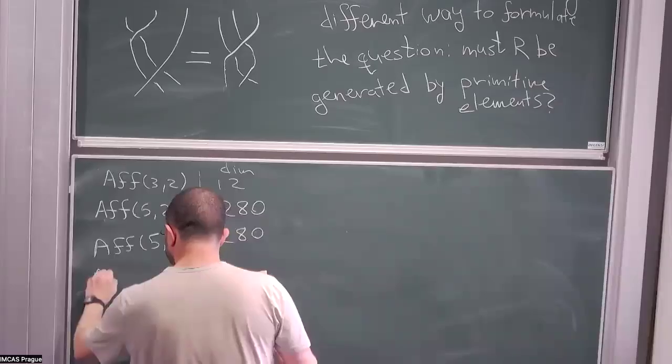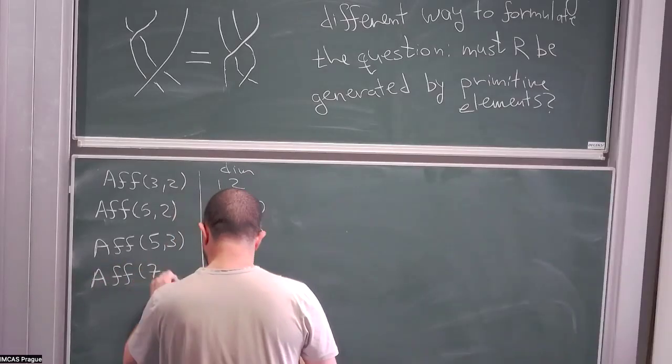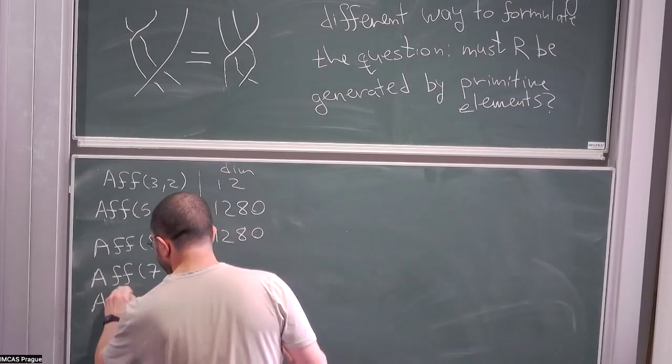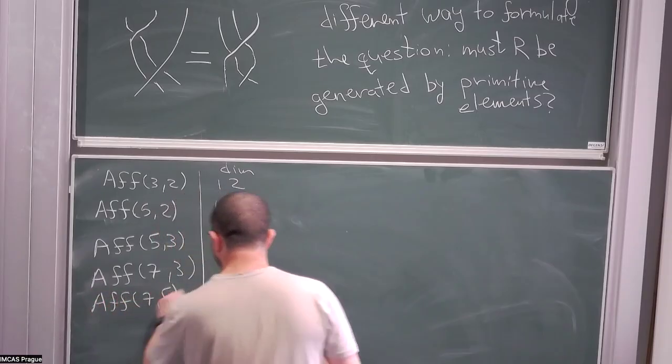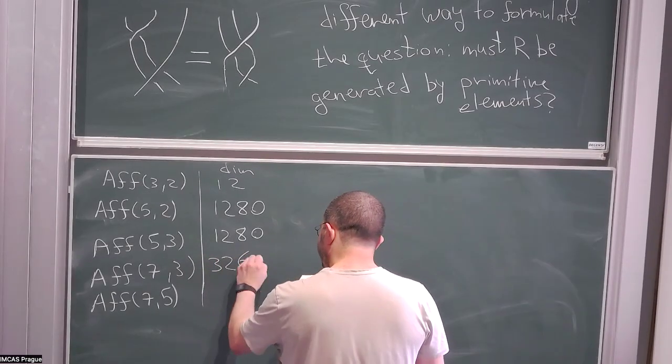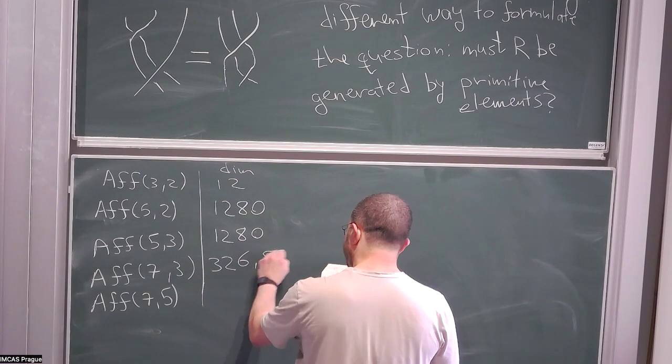We do have two more things in 7, so 7,3 and 7,5. And in both these cases, I get the wonderful number 326,592.